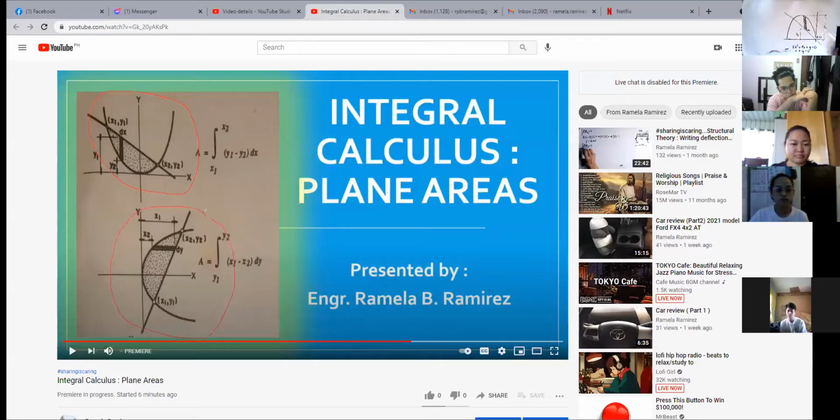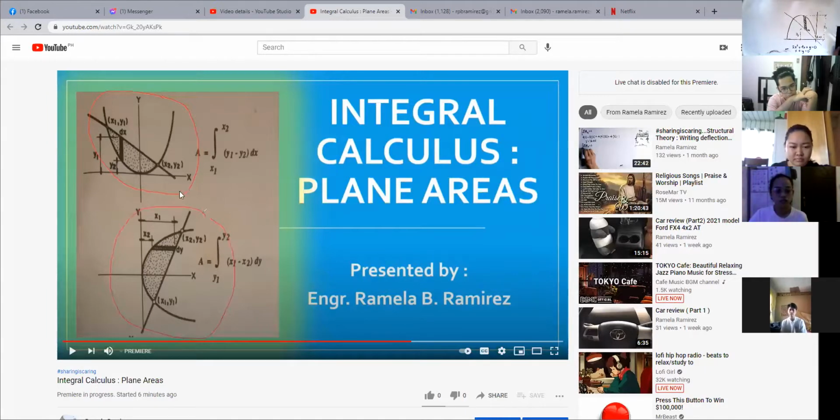In previous courses in mathematics, there are different types of areas. If you are going to draw the figure here, this one is the Cartesian coordinate system.